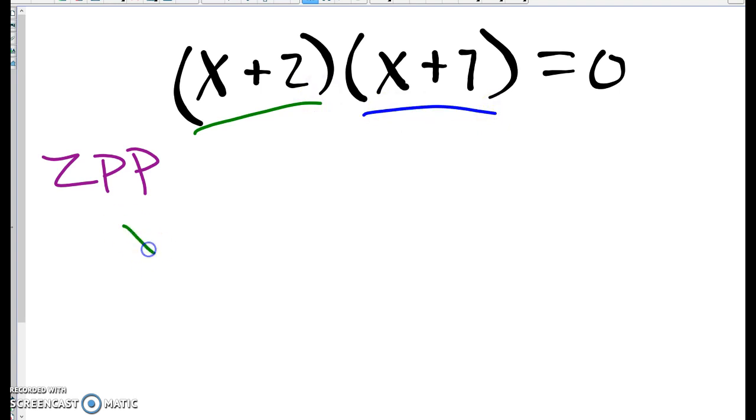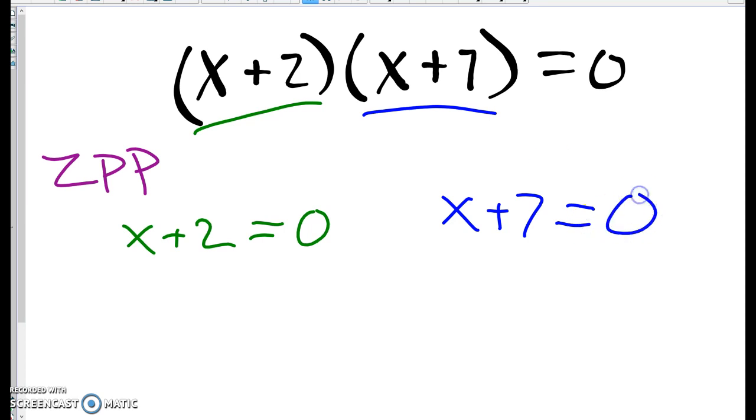Again, because they multiply to be 0, one or the other has to be 0. So if x plus 2 is 0, then x must be -2. And if x plus 7 is 0, then x must be -7.